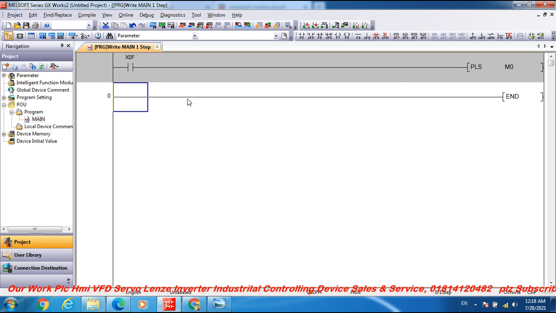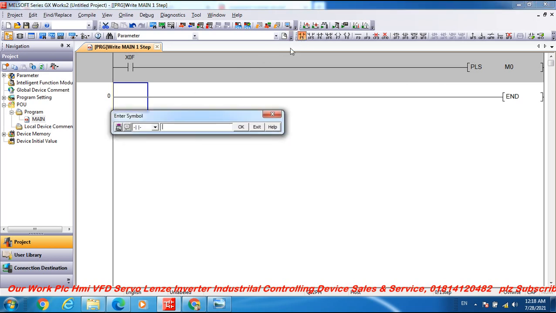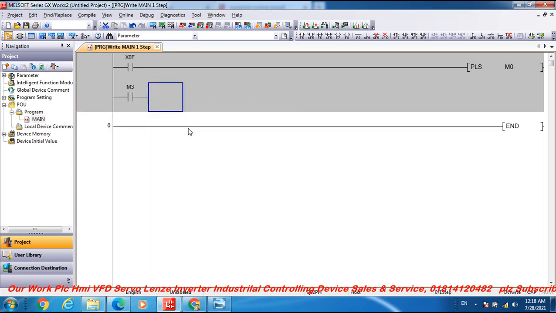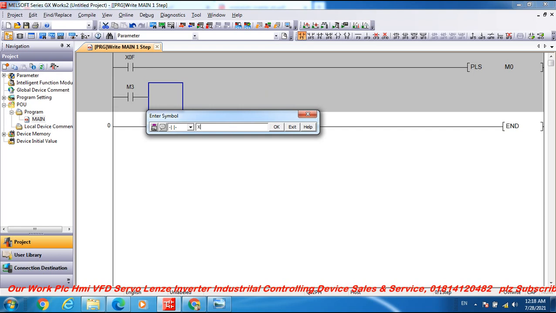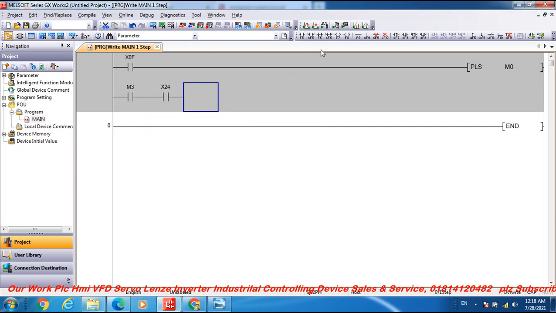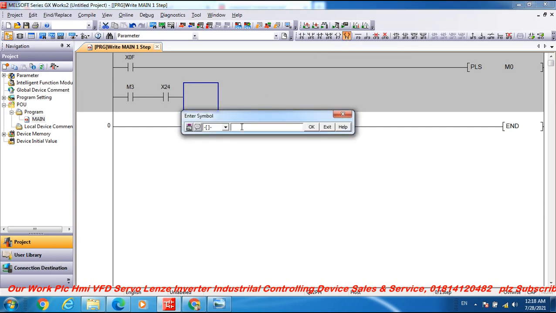And second rung. Open contact address M3 and open contact X24 switch, and go to the application instruction equal K0 D9150.